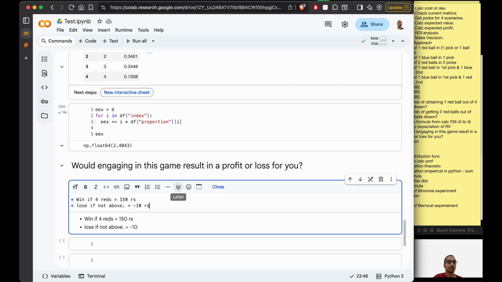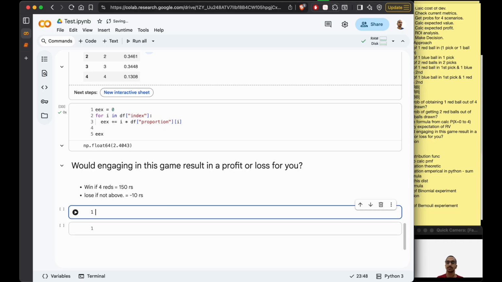Which means we can take a new random variable called y, and say the outcomes of this random variable are either 150 or minus 10.